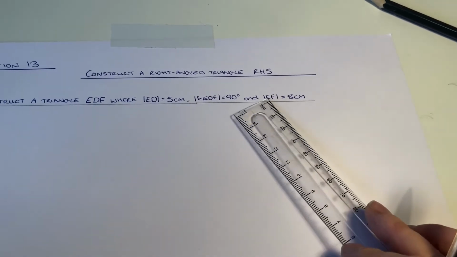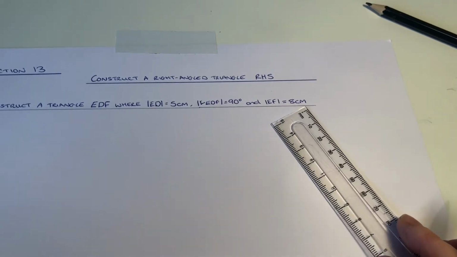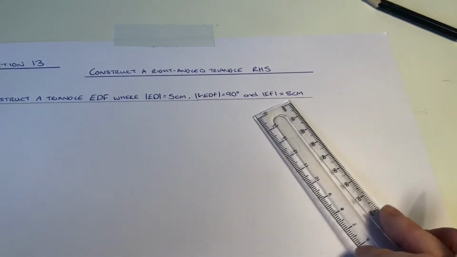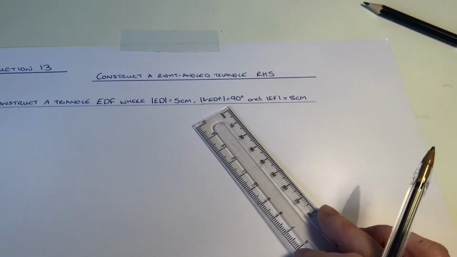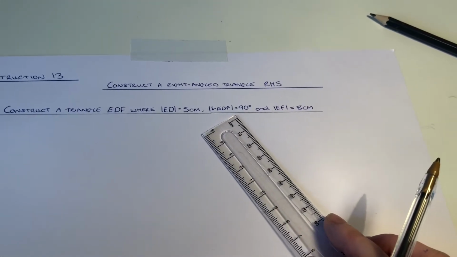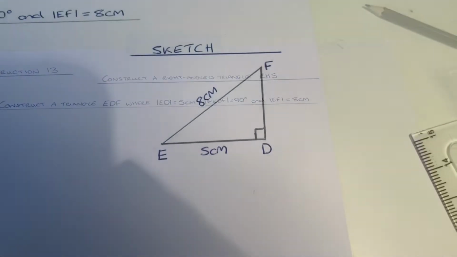The measurement of E to F, the line segment EF, is 8 centimetres. So we've got two sides and one angle, but the angle is a right angle. So it's an RHS construction. We start by drawing our sketch.